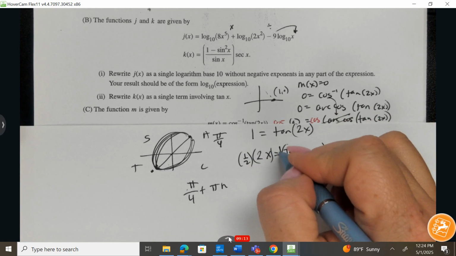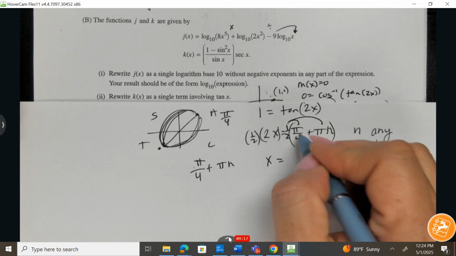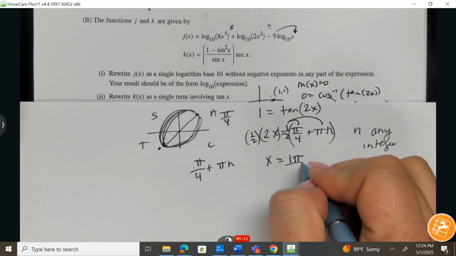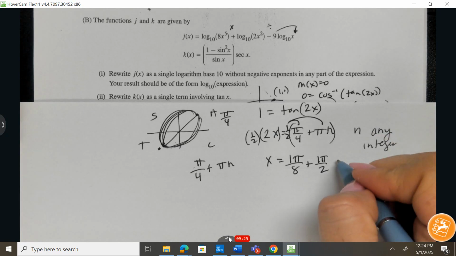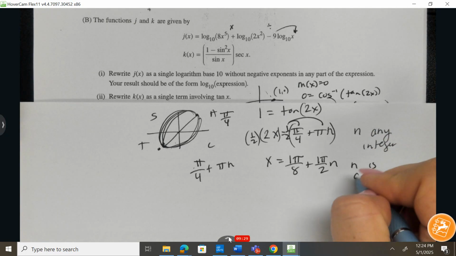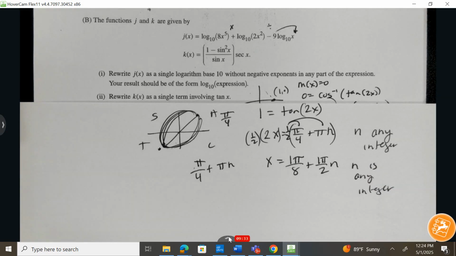I have to multiply this by 1/2. So I get x is equal to 1 pi over 8 plus 1 pi over 2 n. So here's our answer, where n is any integer.